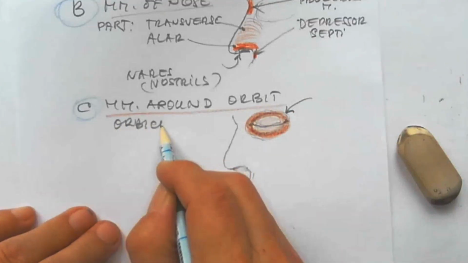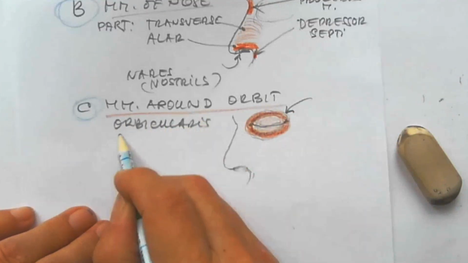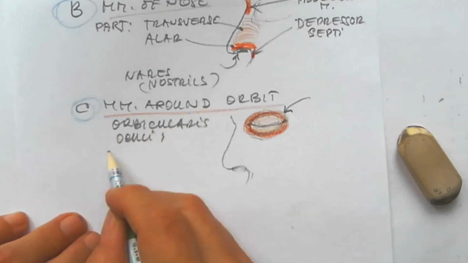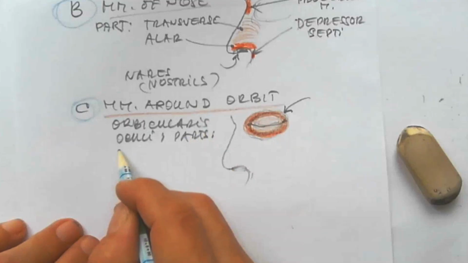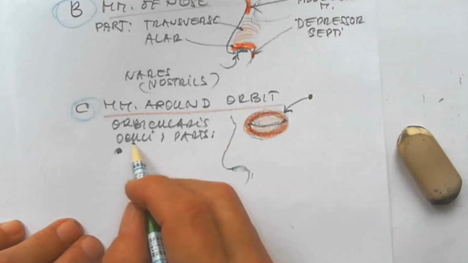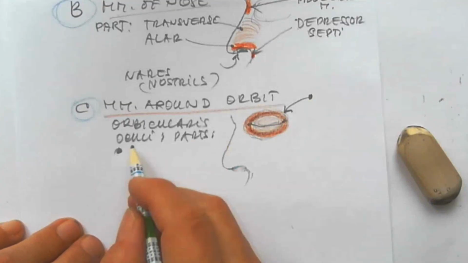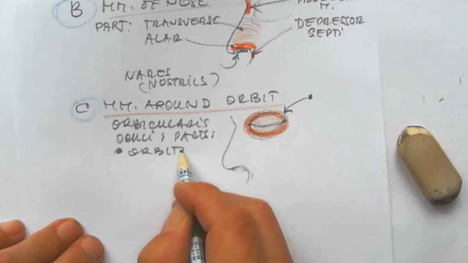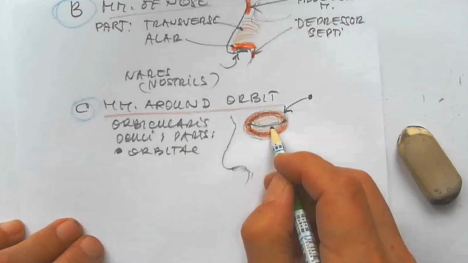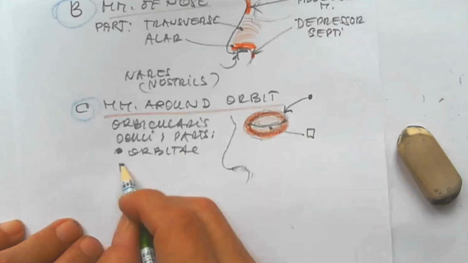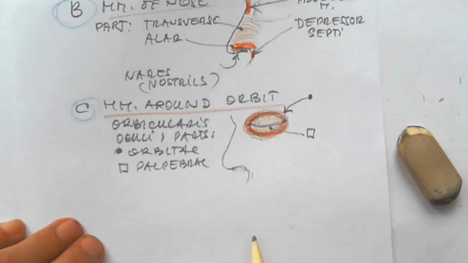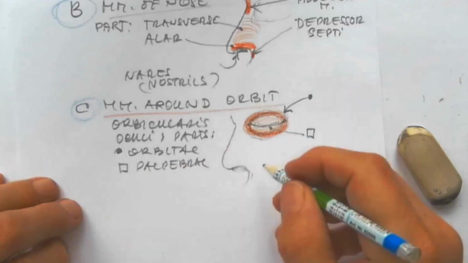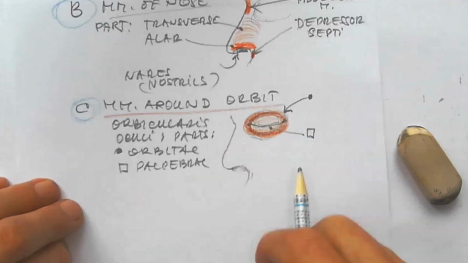Orbicularis oculi consists of the following parts. This one is the peripheral or orbital part, that one is the palpebral part, and there is also the last one, which is not seen because it lies inside.